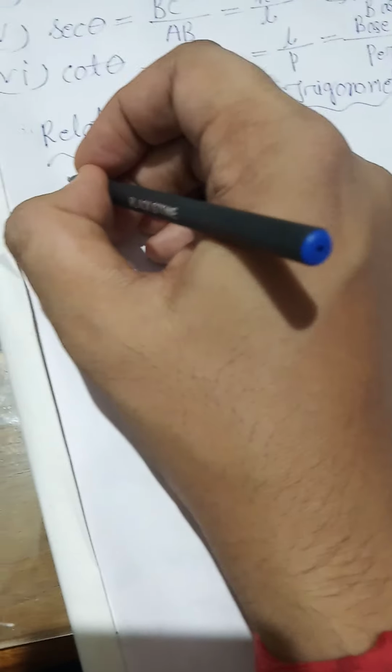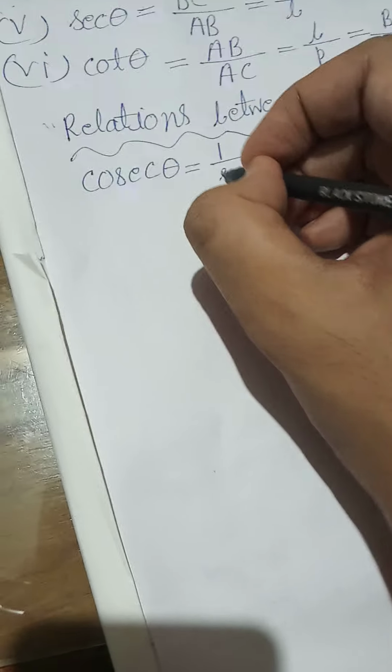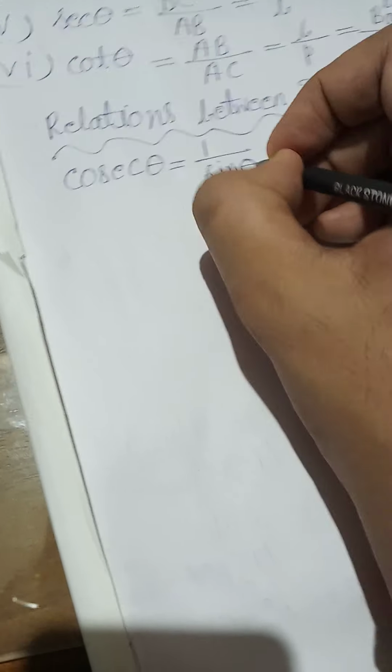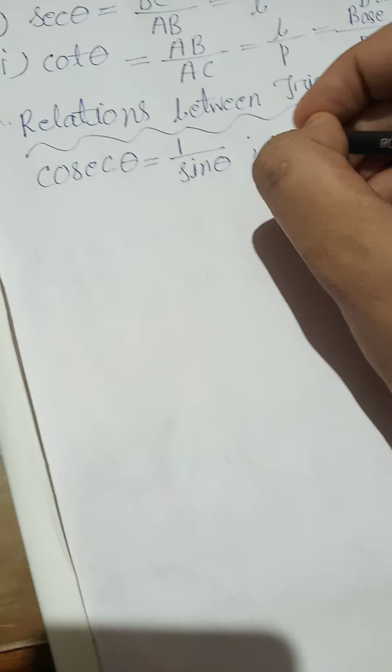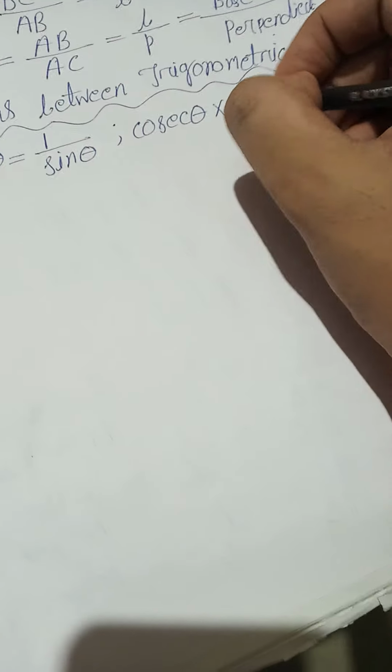That means, number 1, cosec theta is equal to 1 by sin theta, or cosec theta into sin theta is equal to 1.